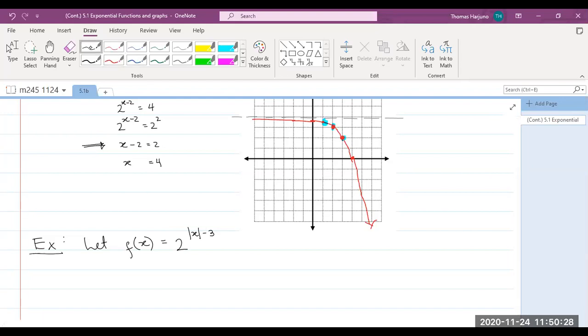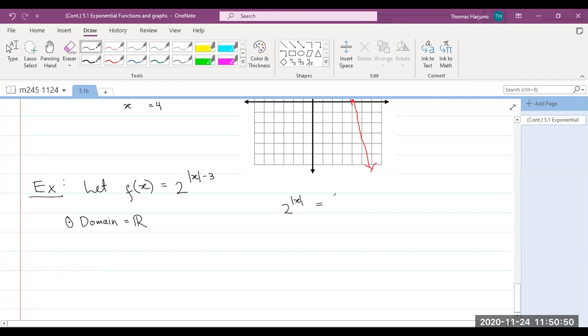The domain is, of course, since it's an exponential function, all real numbers. Whatever x you plug in, it will be well defined, right? But what is the graph of 2 to the absolute of x to start with?